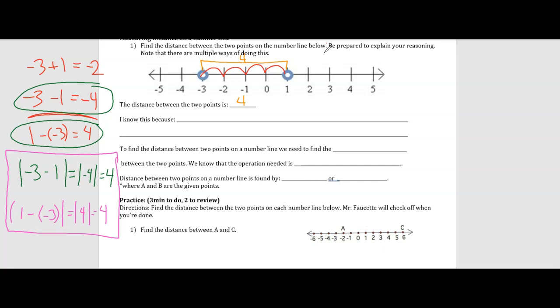So let's start answering these questions. To find the total distance between 2 points on the number line, we need to find the difference between the 2 points. We know that the operation needed is difference equals subtraction, or implies subtraction.